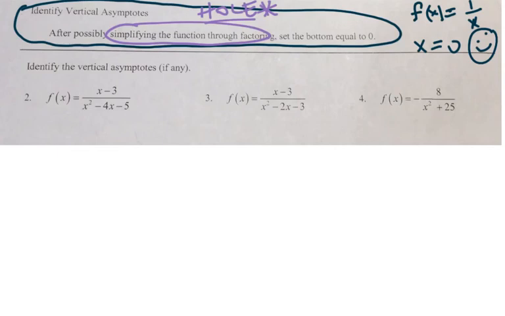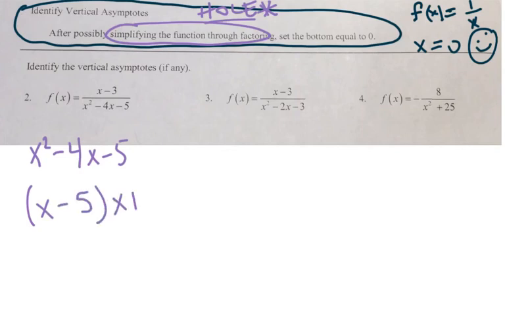So first thing I'm going to do is take the denominator in this first one, x squared minus 4x minus 5. I'm going to factor it. So I'm looking for two things that multiply to get negative 5 and add to get negative 4. Hopefully this is a nice and simple one for us, and we get x minus 5, x plus 1. Okay, if I multiply that out, I would get this trinomial. So looking at this, neither of these factors will cancel with x minus 3.